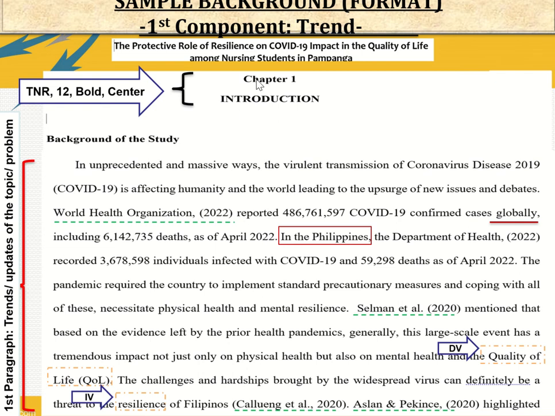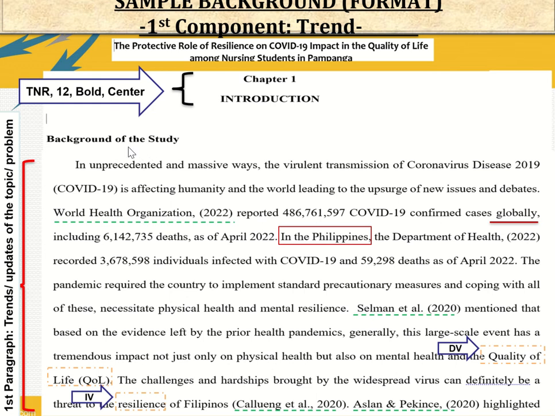So for our format, place here chapter 1, and then the heading is introduction. Again, chapter 1 heading is introduction. So this is Times New Roman 12, bold, and then center. And then the subheading for chapter 1, introduction, is first, you have the background of the study.